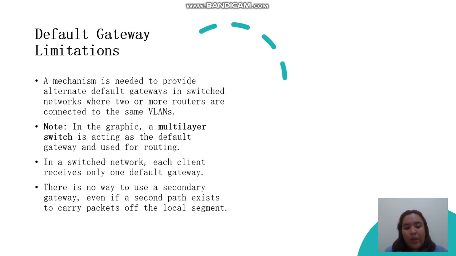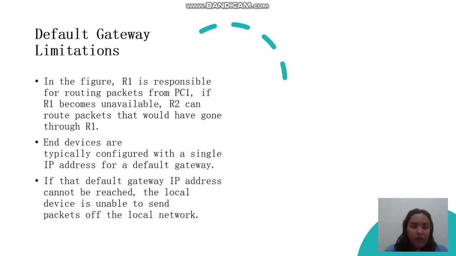There is no way to use a secondary gateway, even if a second path exists to carry packets off the local segment. R1 is responsible for routing packets from PC1. If R1 becomes unavailable, R2 can route packets that would have gone through R1.